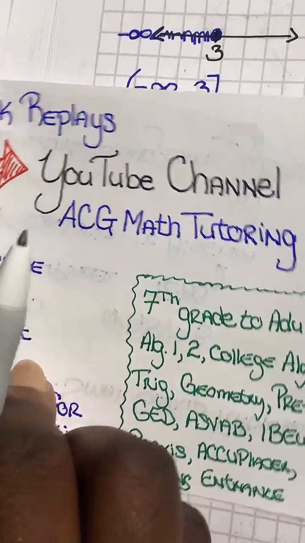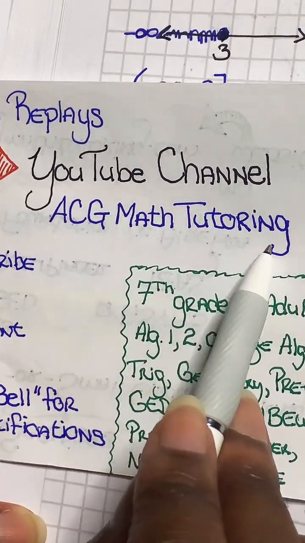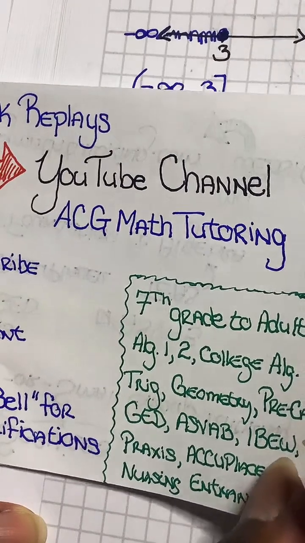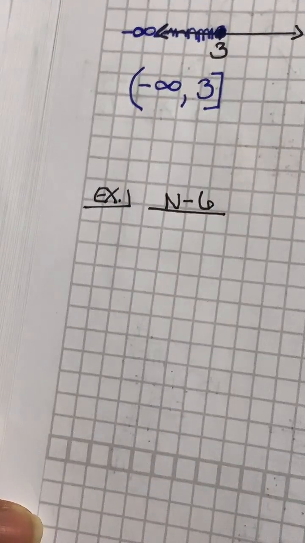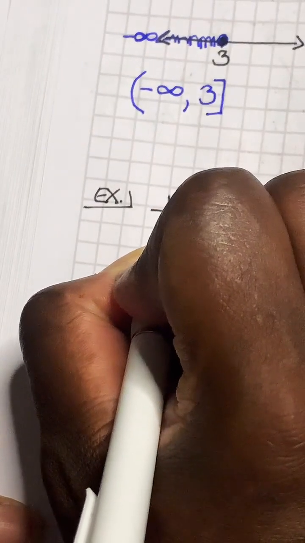Go ahead and type in a search for ACG, and it'll take you right to it. Then you can see all of my videos from the beginning to the end.